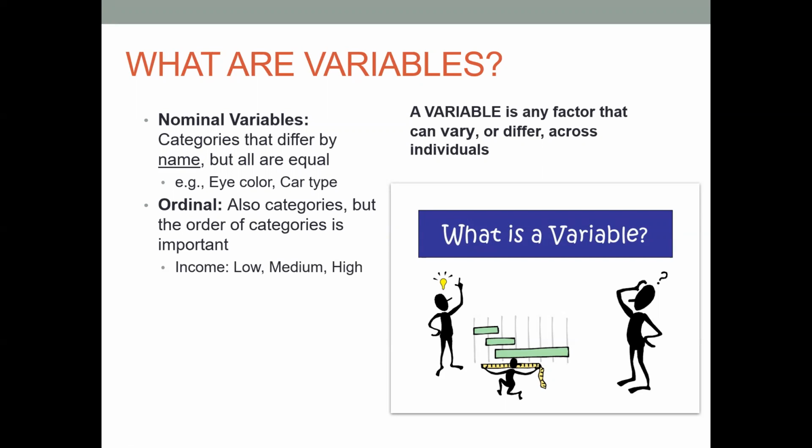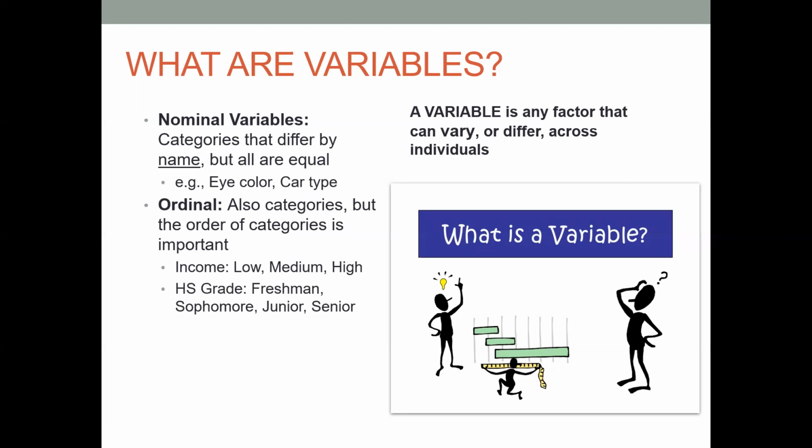For example, if we polled a bunch of people on income and asked, do you fit into the low, the medium, or the high income group? We have categories, but we would put the medium in the middle and high and low on the ends. The order would make a difference. It wouldn't make sense otherwise. So that's the difference between nominal and ordinal variables.